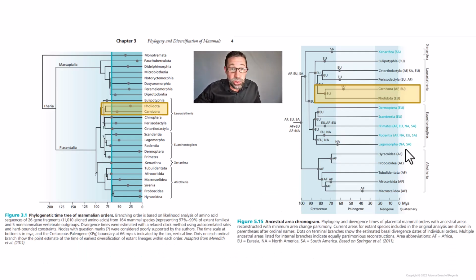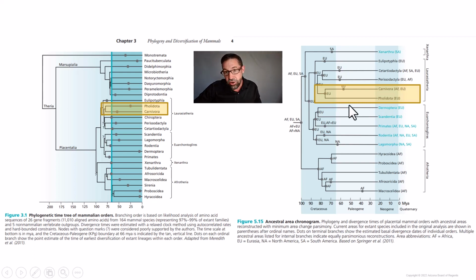By now, you certainly recognize our two phylogenetic trees, both Meredith on the left and Springer on the right. Recognize that the order Carnivora and the order Pholidota are closely related orders.